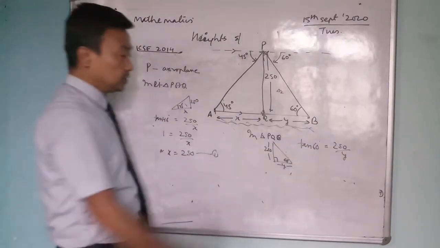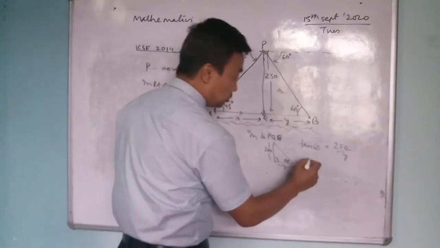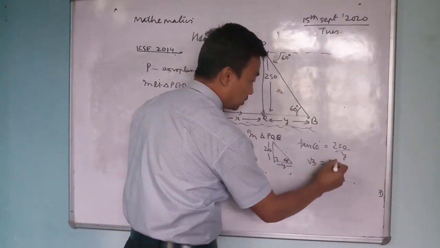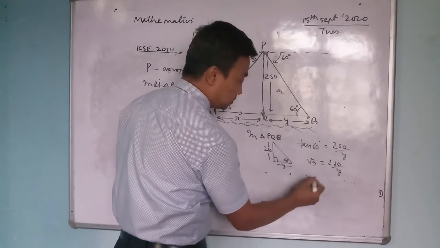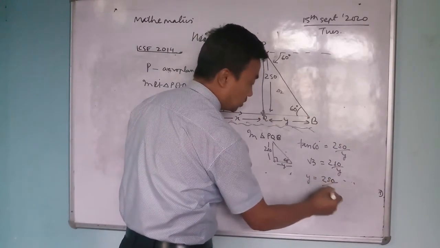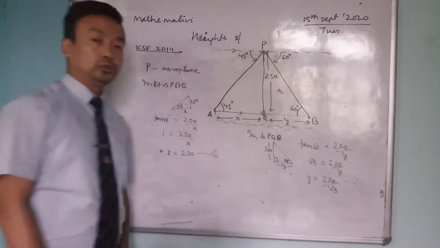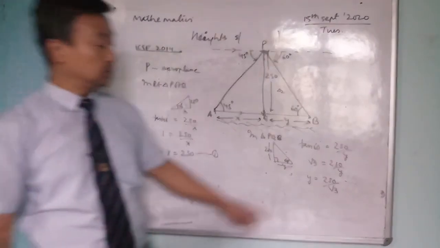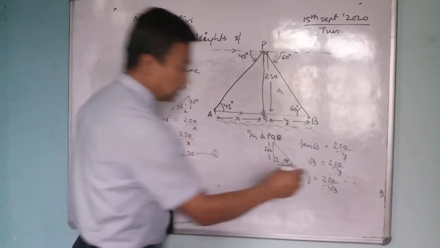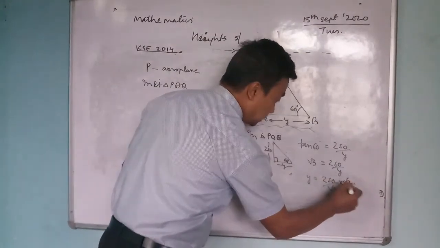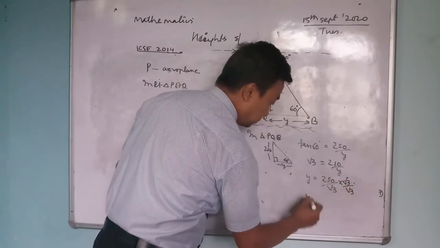And tan 60 is root 3. So you have to cross multiply this. You get root 3 in the denominator, the base, so you have to rationalize it and make it rational. To rationalize is very simple, multiply by the same number.